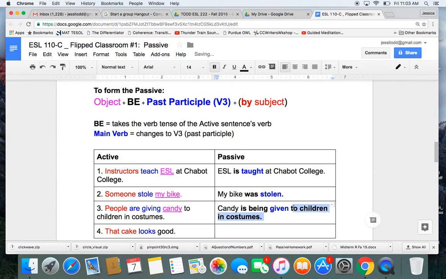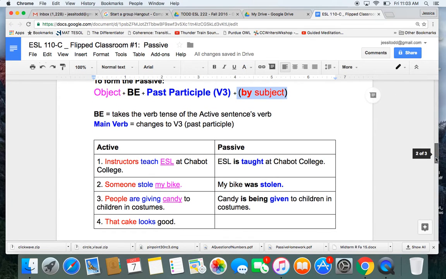Once again, do we want to put the by phrase: candy is being given by people to children in costumes? Not really necessary, okay? And again, in a lot of passive sentences, we don't need to include the by phrase. Many times we will not include it.